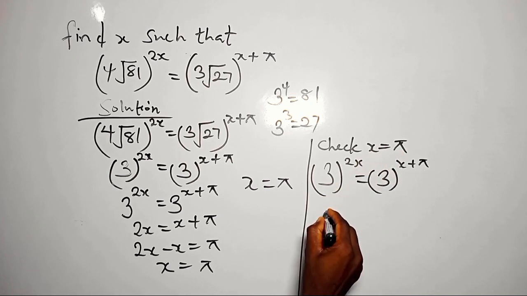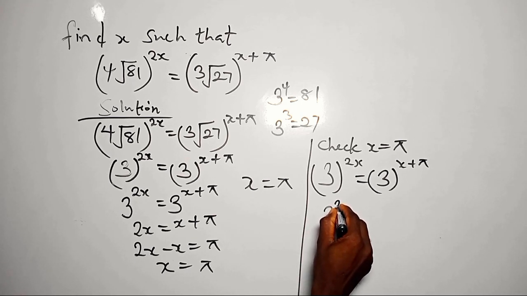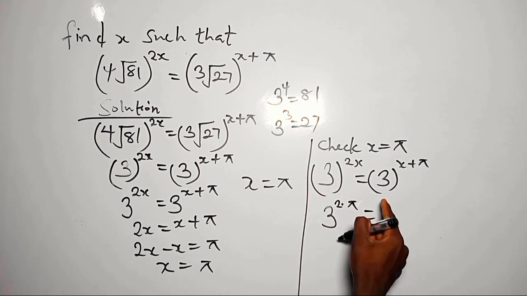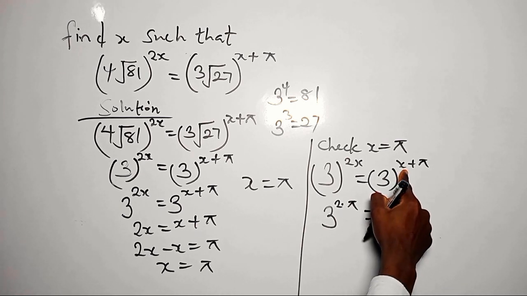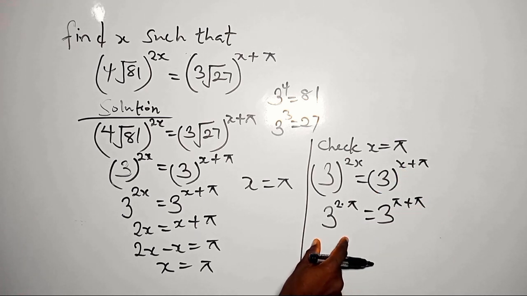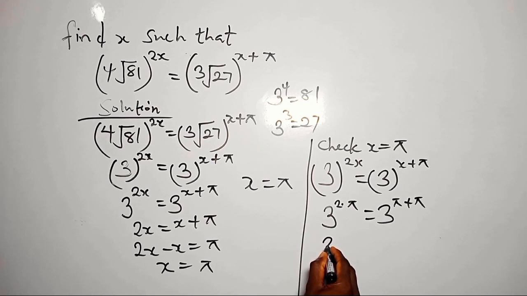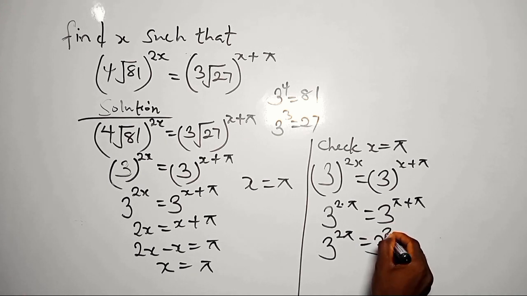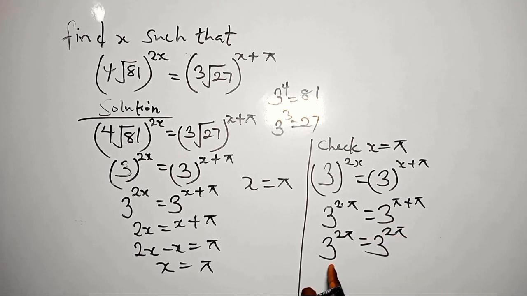So we have 3 raised to power 2 times pi, which is the value of x, and on the other side 3 raised to power pi plus pi. So the left hand side equals 3 raised to power 2 pi, and the right hand side equals 3 raised to power 2 pi, so the two sides of the equation are equal. That means the value of x equals pi.